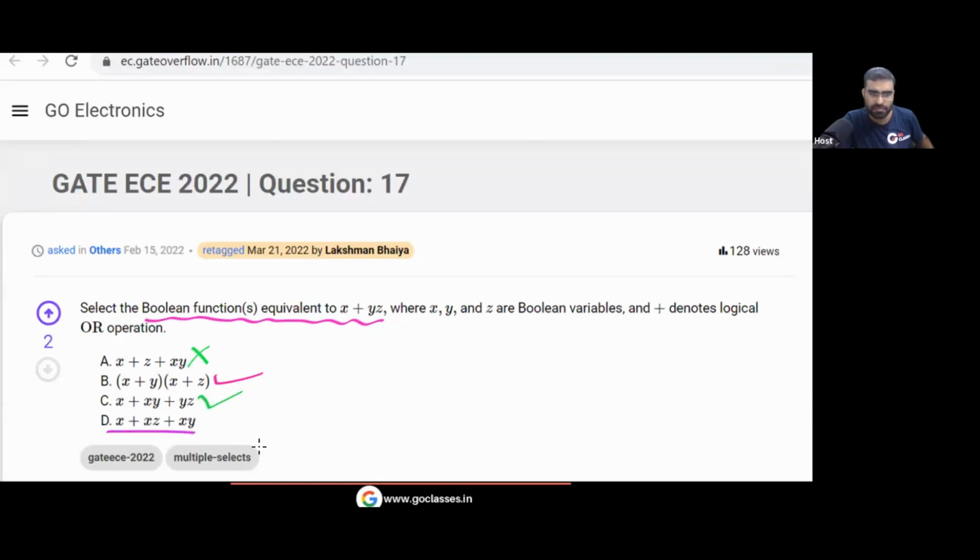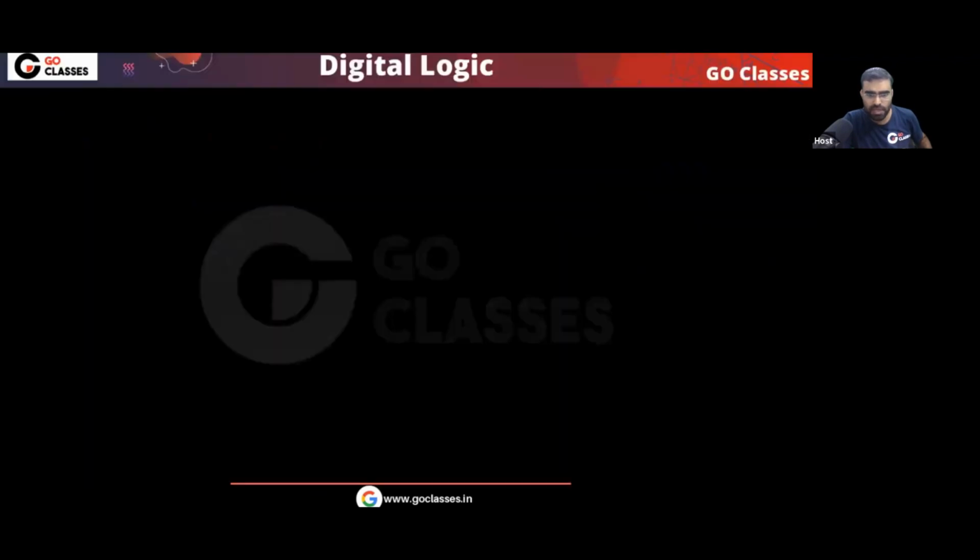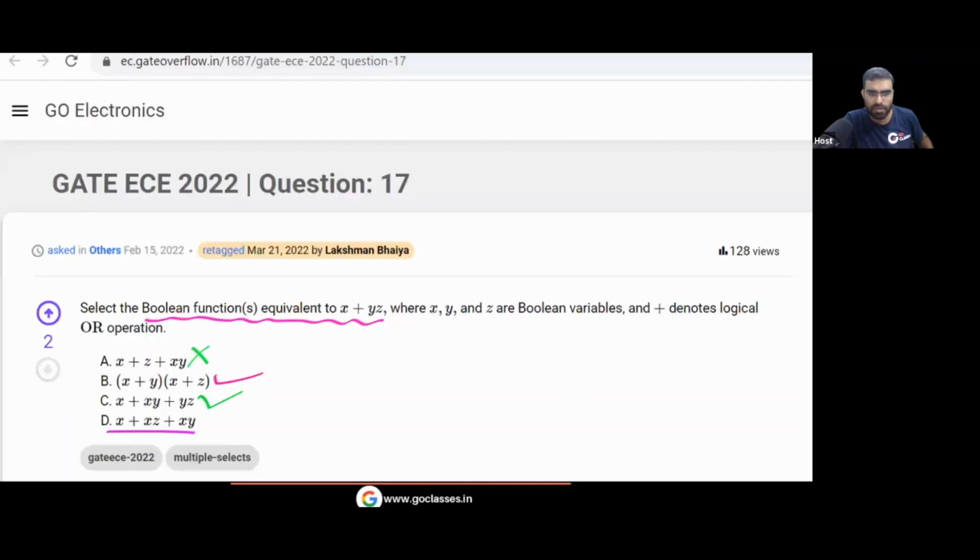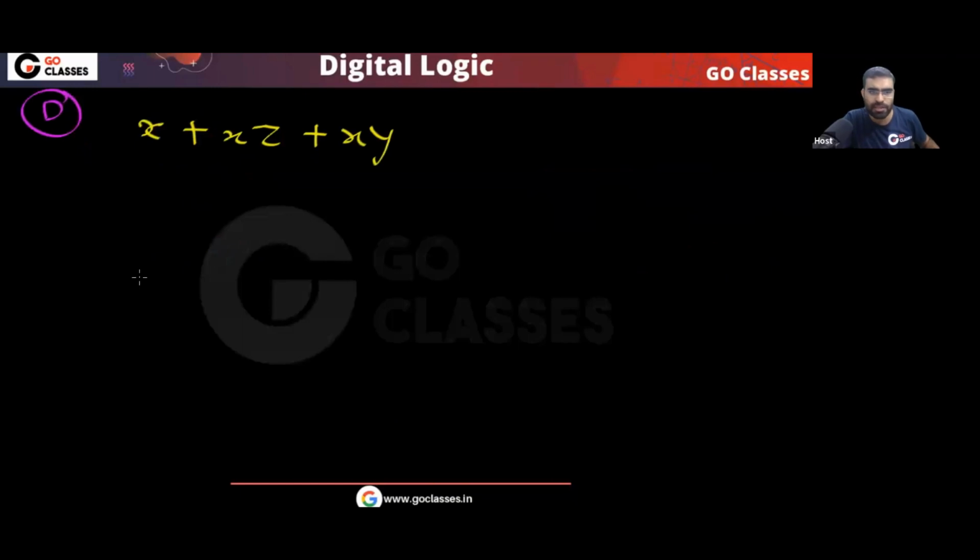What about option D? Option D is saying x + xz + xy. Here you can apply the absorption law. x + xz will become x, and there is + xy.